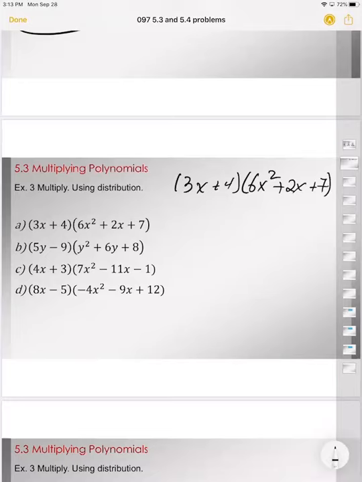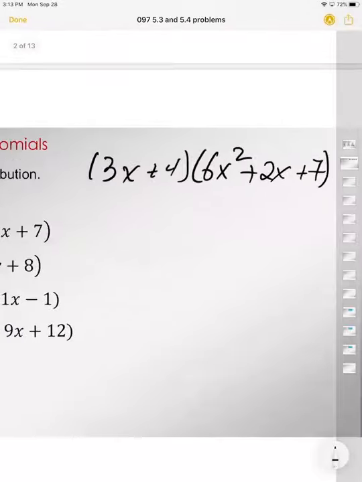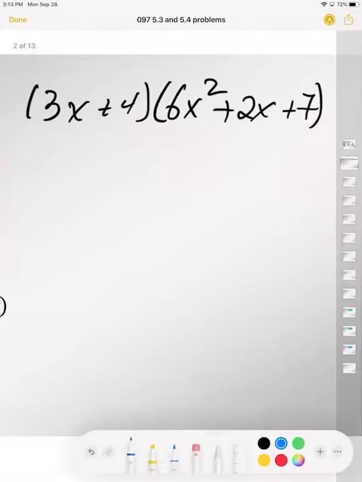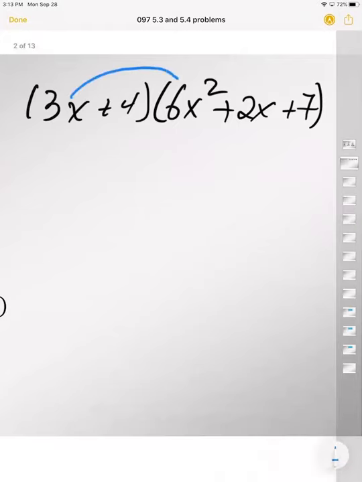If we have this problem, and you will probably have this problem somewhere along the way, what do we need to do? Well, just like before, we take this 3x and we distribute to every single item in the second parenthesis.